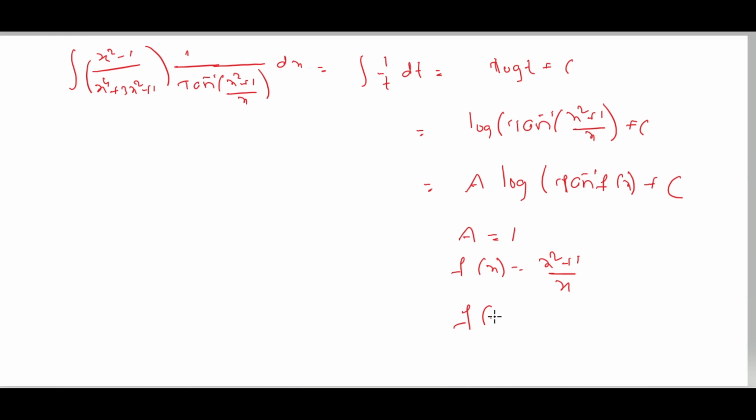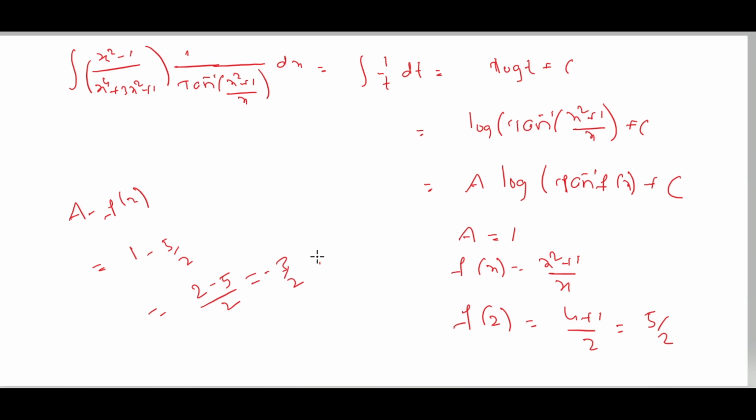Now find f of 2, which is 4 plus 1 by 2, that is 5 by 2. Now we find A minus f of 2. A value is 1 minus 5 by 2, that is 2 minus 5 by 2, equal to minus 3 by 2. That is the answer.